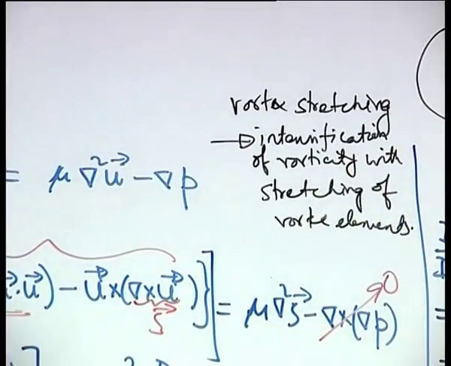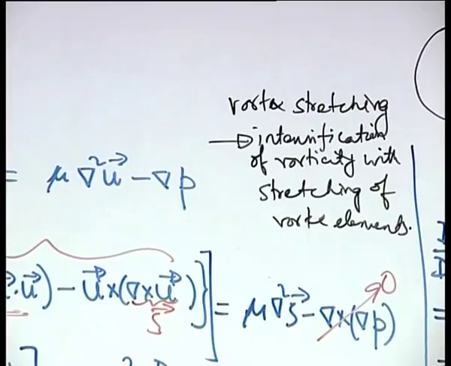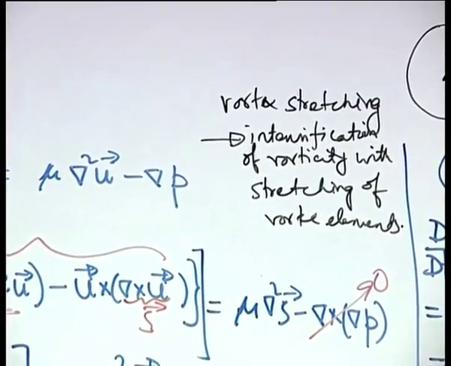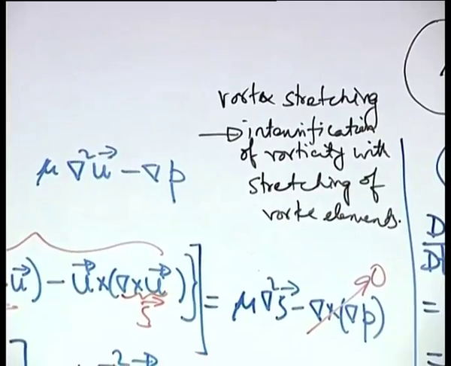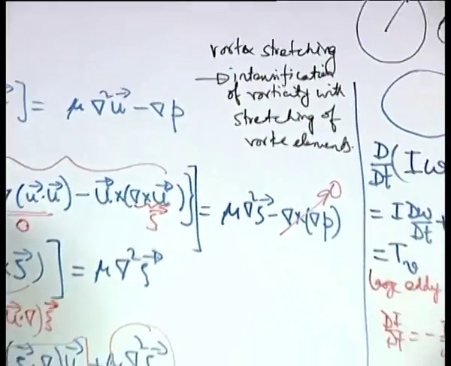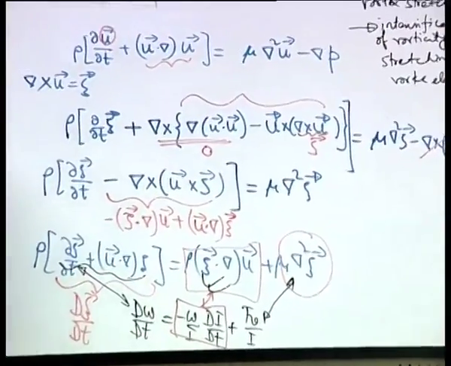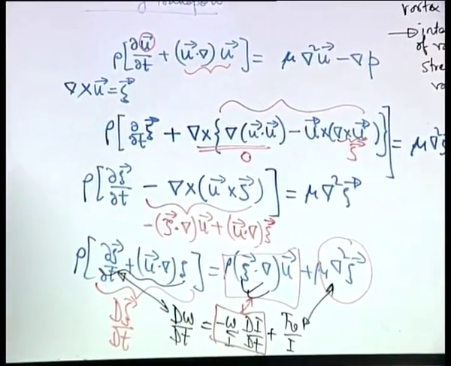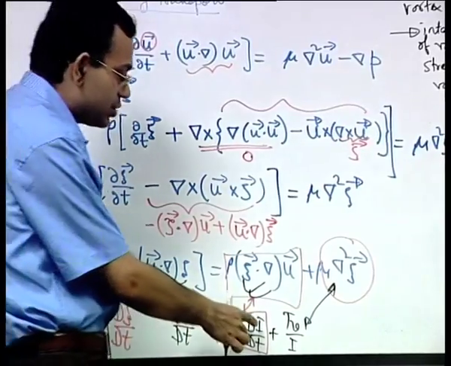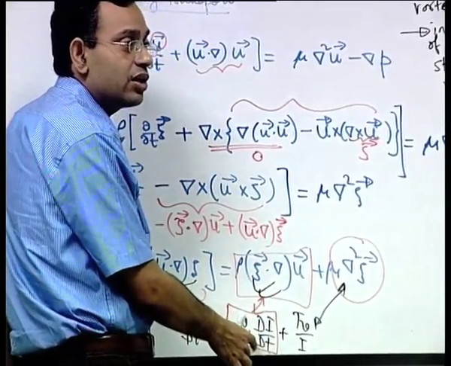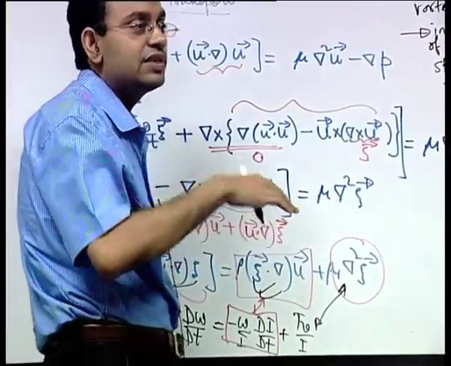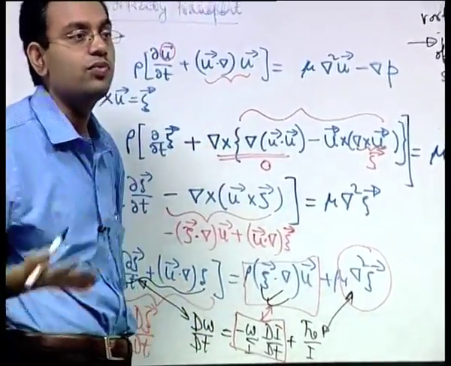So what we can conclude, that whatever is that intensification of vorticity due to stretching of vortex elements, that effect of vortex stretching must be given by this term, because this term is associated with di dt, which sort of indicates the effect of change of the moment of inertia which occurs due to vortex stretching.